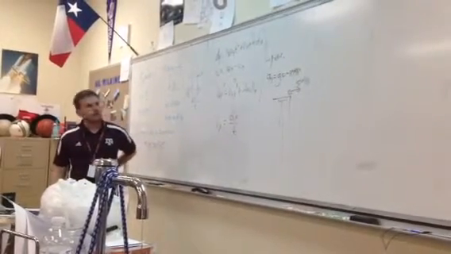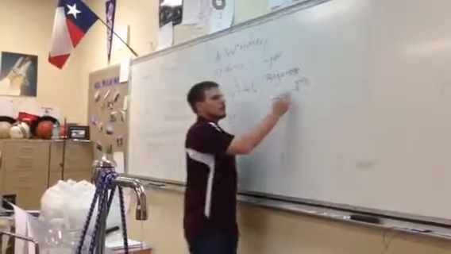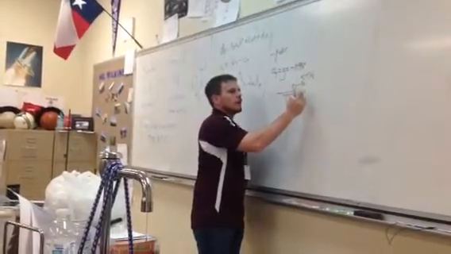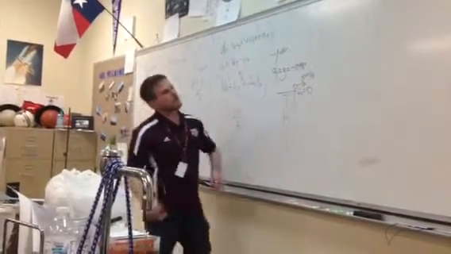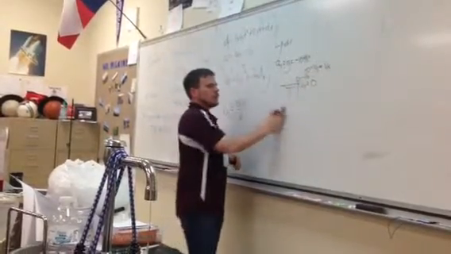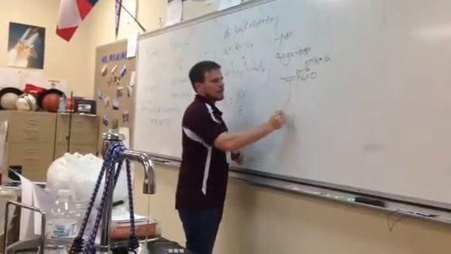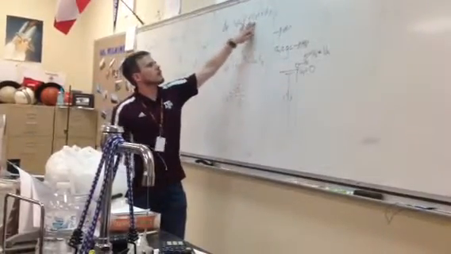Whenever things are shot off a cliff like this, if it's horizontal motion at the start, the initial velocity in the y is 0. That's an important thing to note. The 5 meters per second is your velocity in the x, and you can usually use this height to find the time, because the initial velocity in the y is 0.